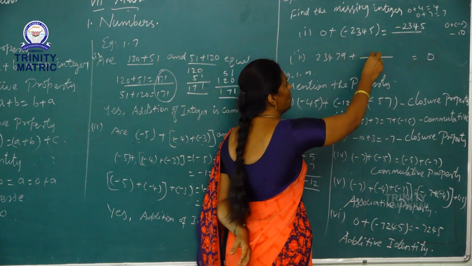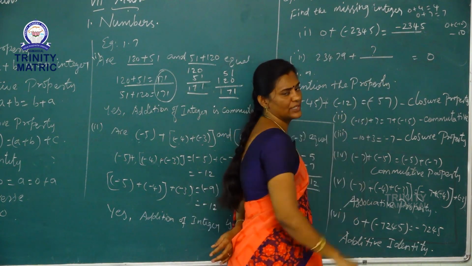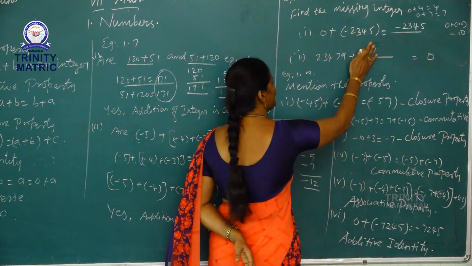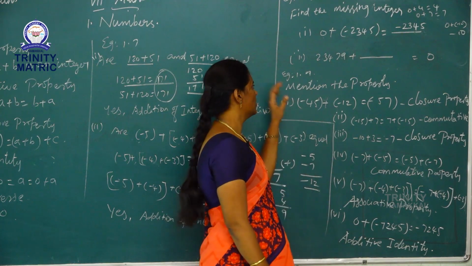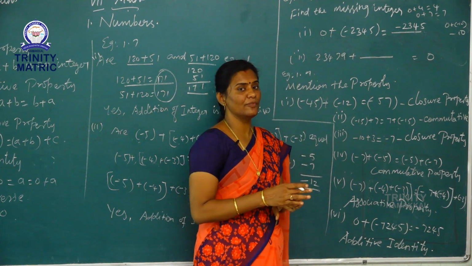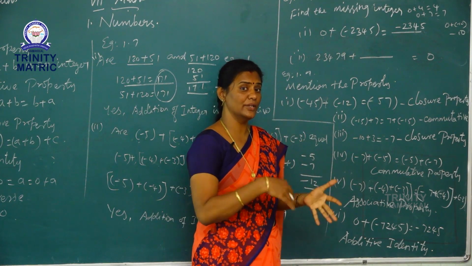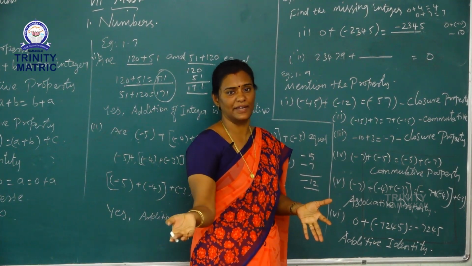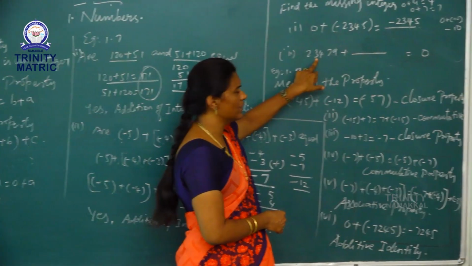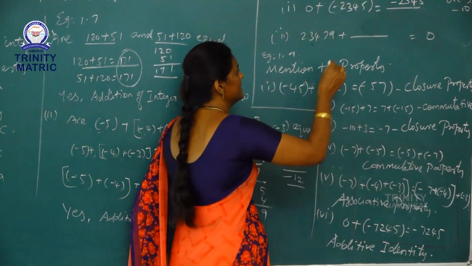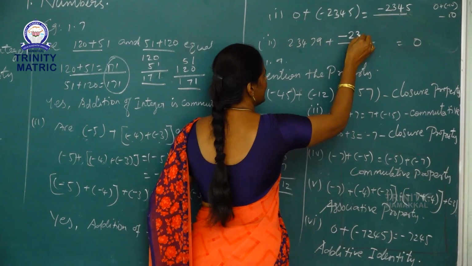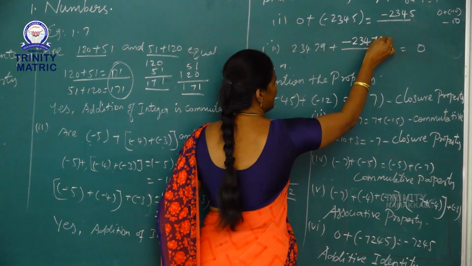See here, next one, 23,479 plus what number? The answer will be 0. See here, we have to use the additive inverse. So the additive inverse of plus 4 is minus 4. The additive inverse of minus 7 is plus 7. Like this, the additive inverse of 23,479 is minus 23,479.